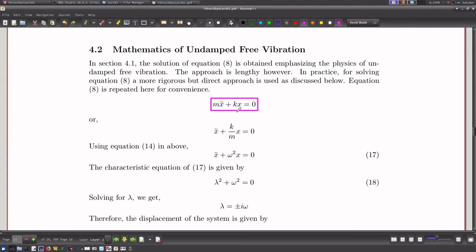So in dynamics, please don't try to remember the equation, rather you should remember the structure of the equation. If the acceleration term is there and the displacement term is there, you know that it is an undamped vibration. If the right hand side is 0, then you know that it is a free vibration.